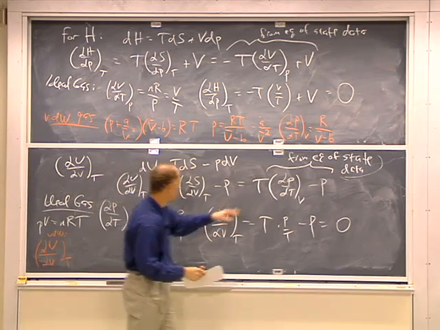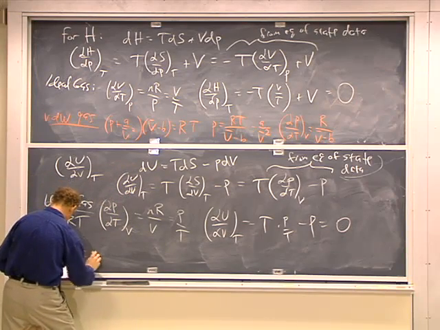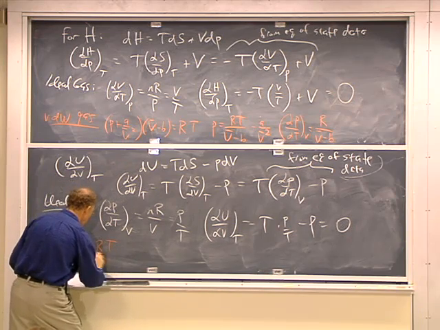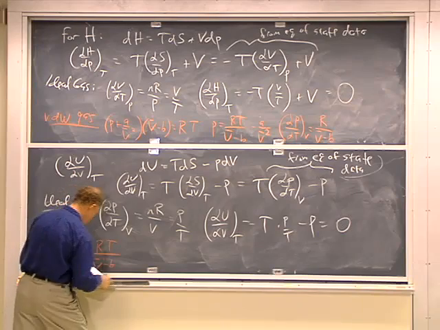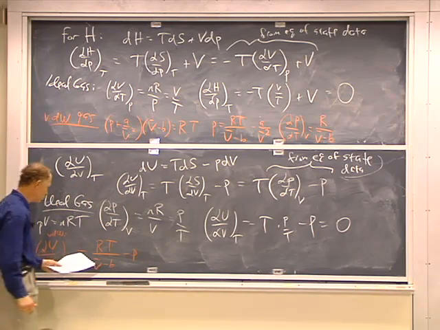So it's this. So it's RT over molar volume minus B, minus P.